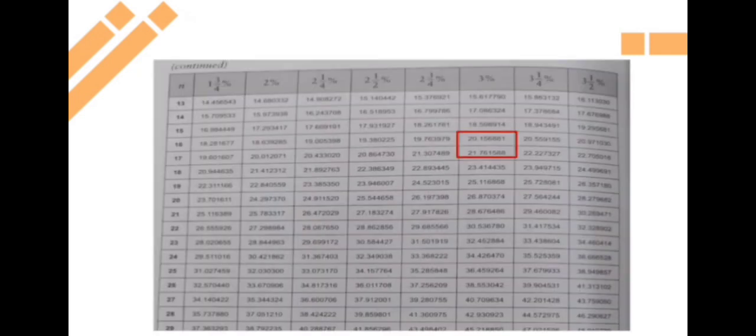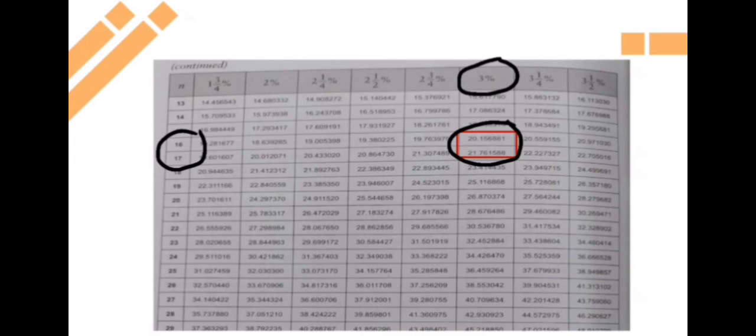So, given our interest rate of 3, the value factor we got lies between these values. So, this means our N lies between 16 and 17.